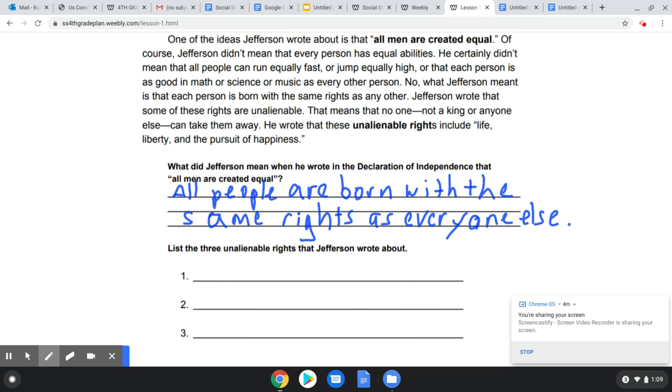I apologize for the messy writing. I'll show you a neater version in a moment. Right on the computer screen is not the easiest. All people are born with the same rights as everyone else.